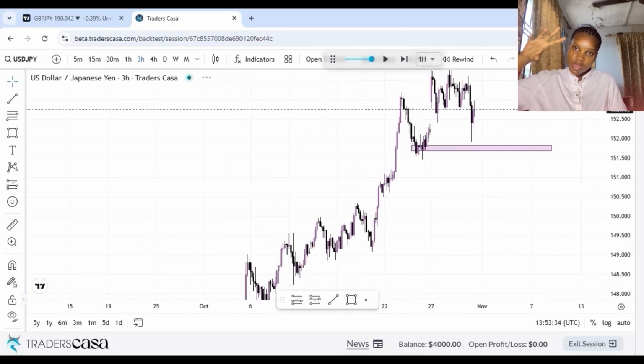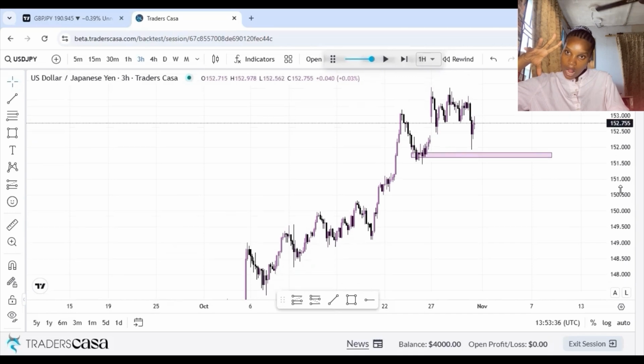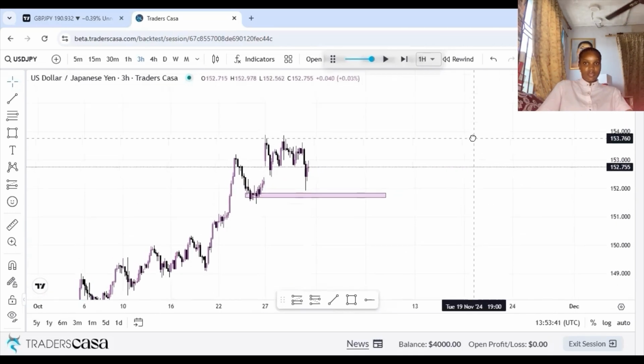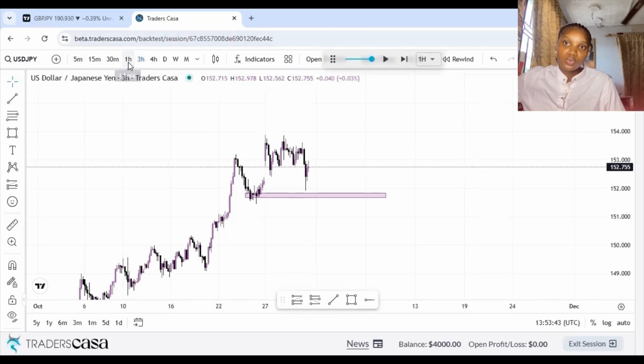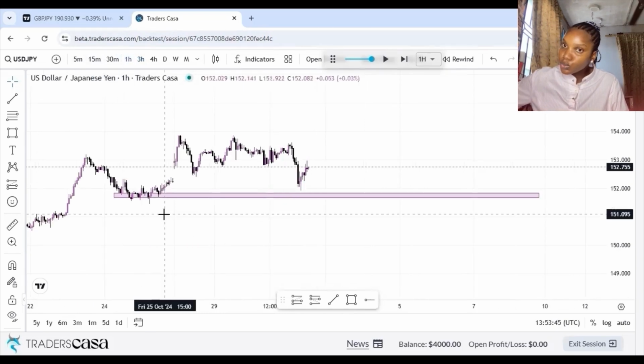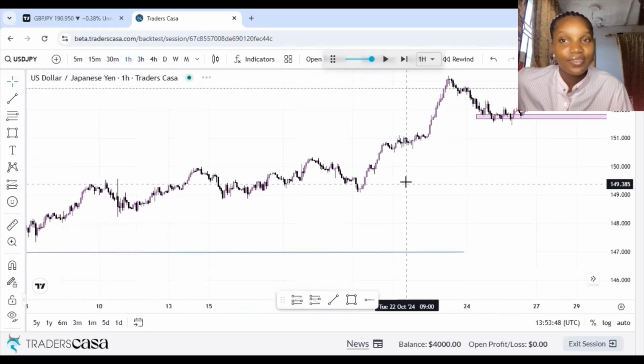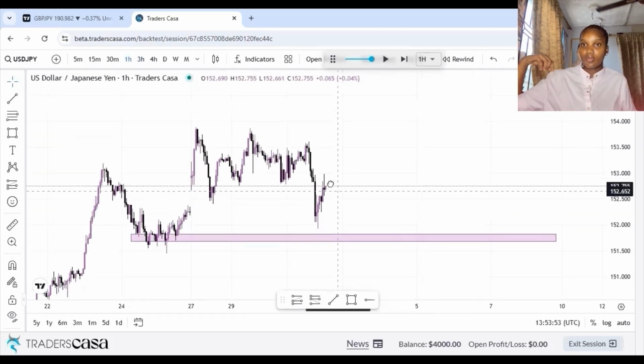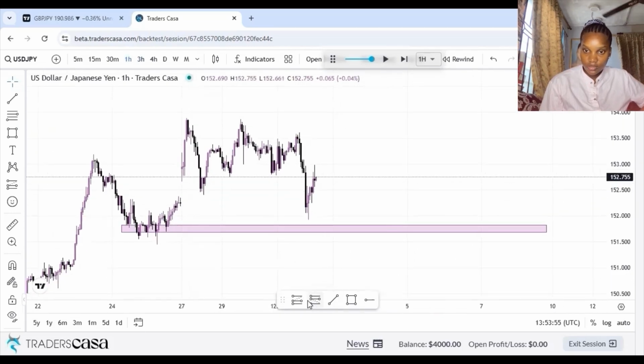So what I should be looking out for is buys, as you can see. If I go to my 1 hour, I should be getting the same. So let me just put my buy position here.